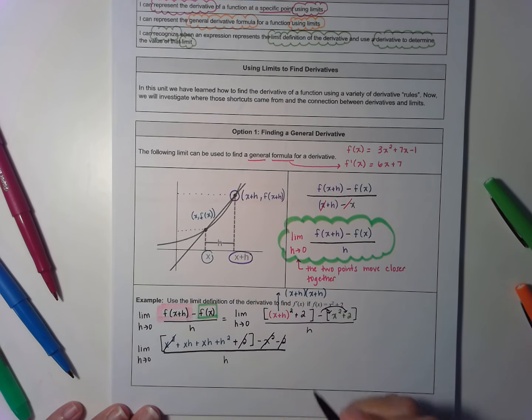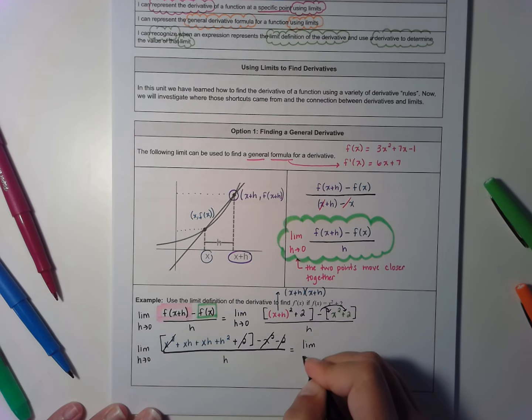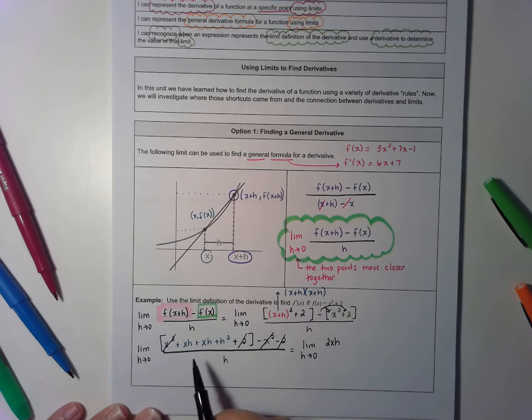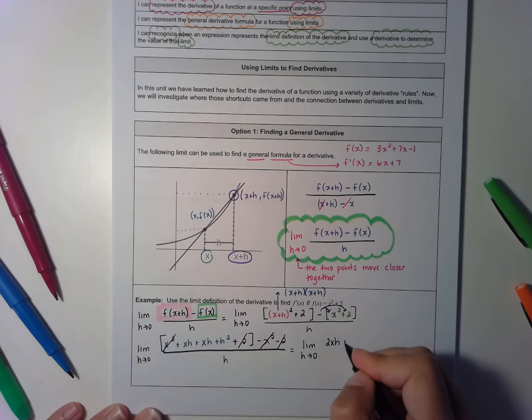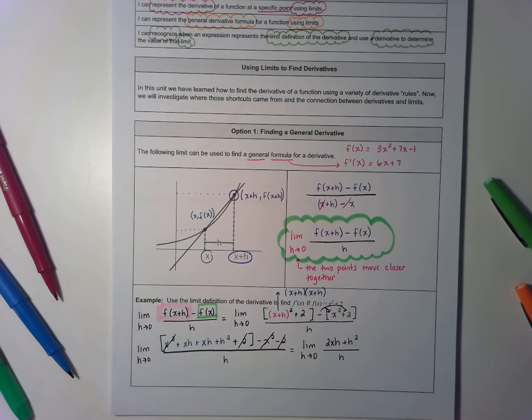Plus 2 and minus 2 simplifies to make 0, which means my new simplified limit would be the limit as h approaches 0 of 2xh, because I have 2 xh's, plus h squared, divided by h. Now, we still can't plug in h equals 0, because if we do that, we get 0 over 0.